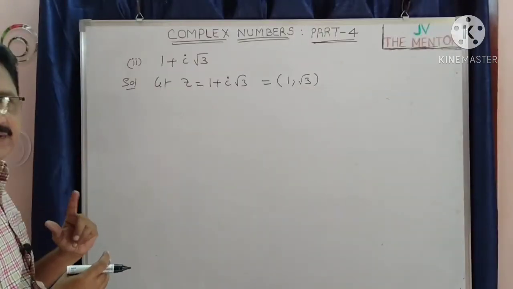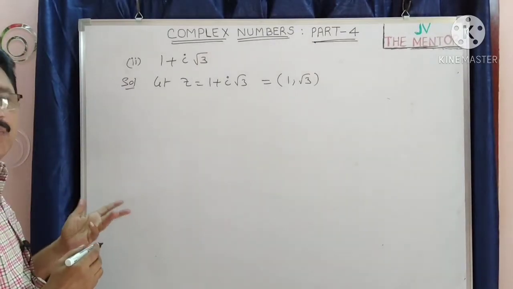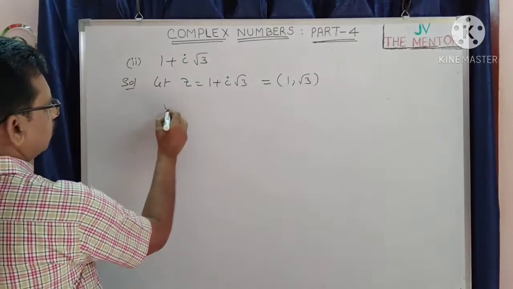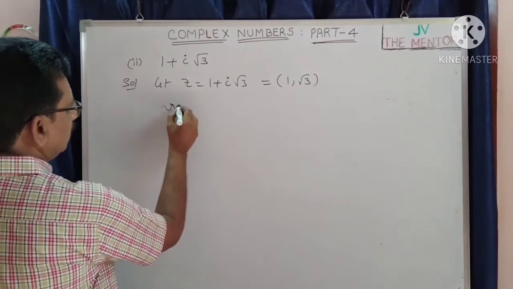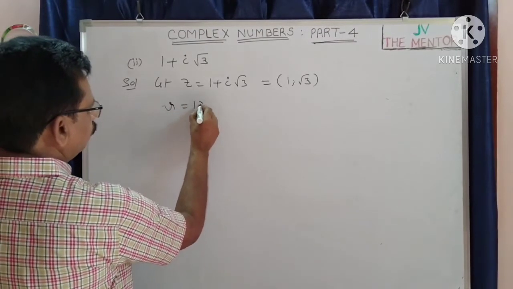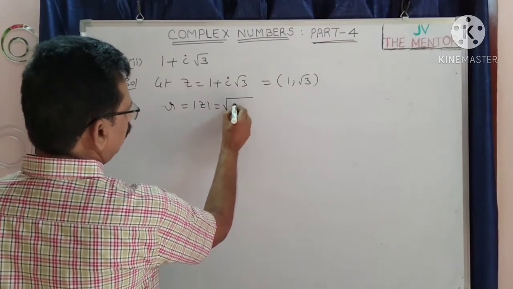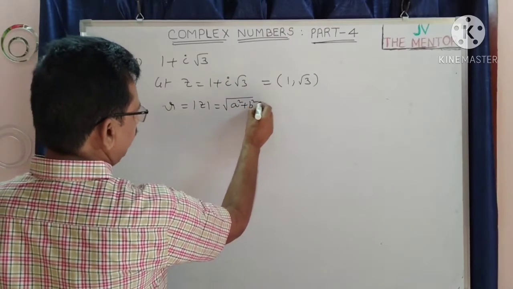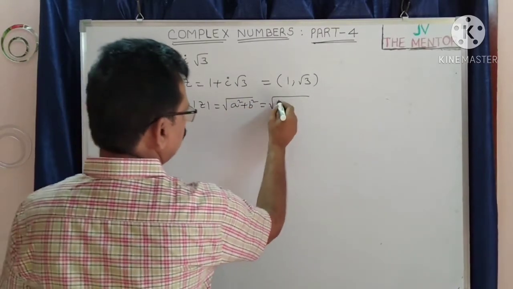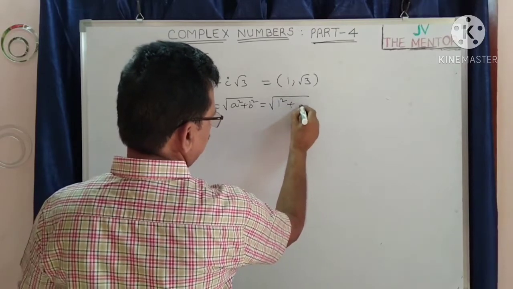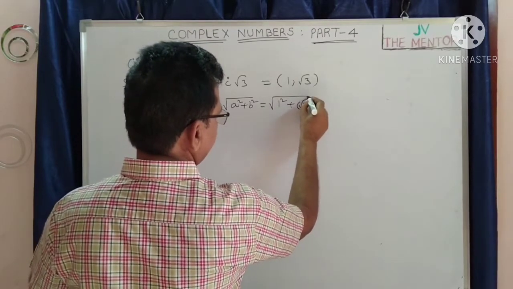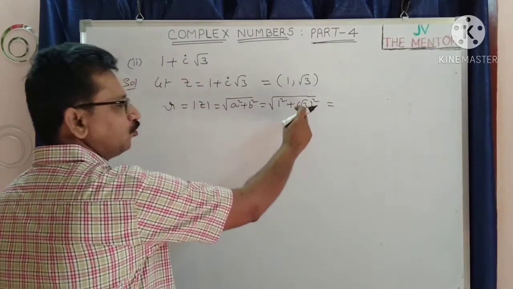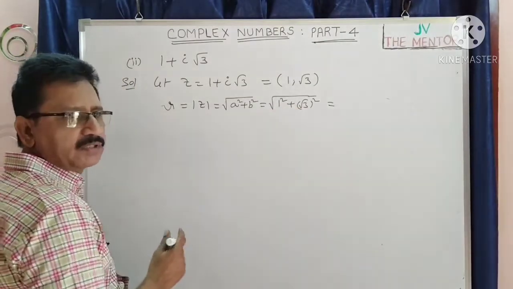Now we will find the value of R. What is the value of R? Mod z equals root of a square plus b square, that is root of 1 square plus root 3 whole square. Root 3 whole square is 3. 1 plus 3 is 4.